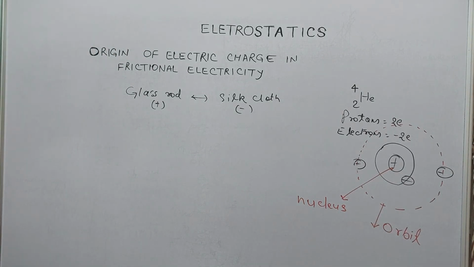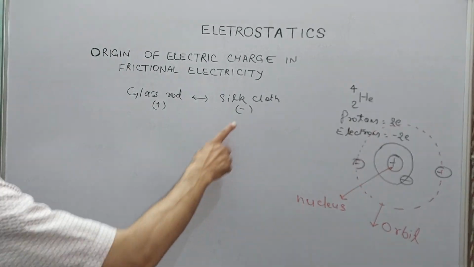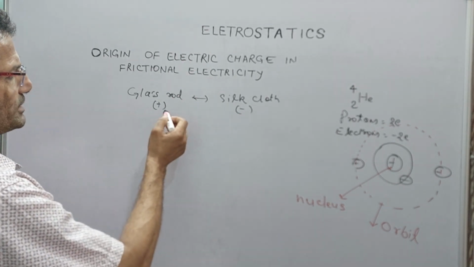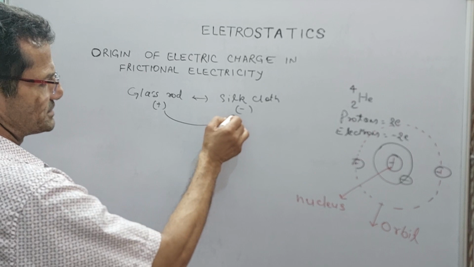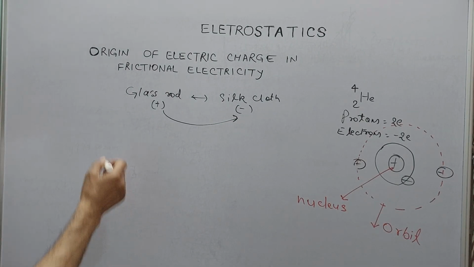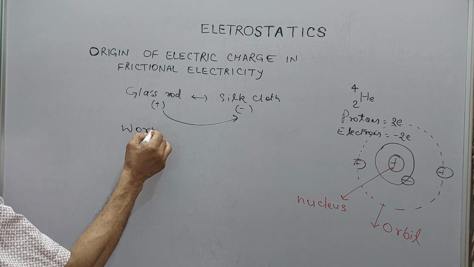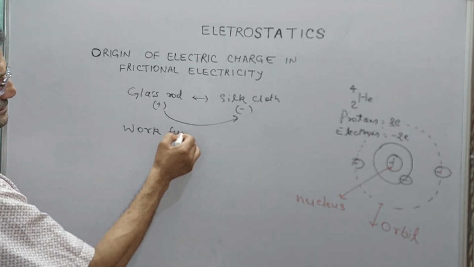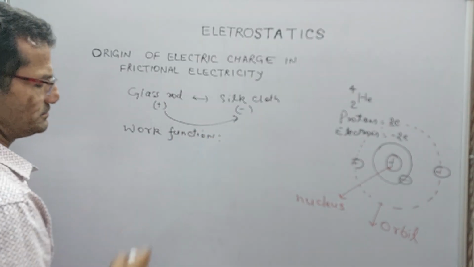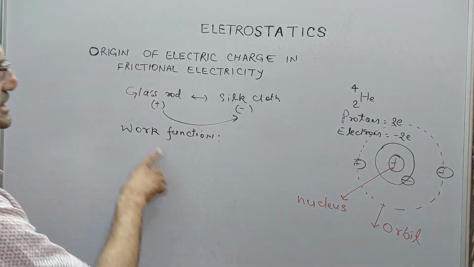Why are electrons not transferred from the silk to the glass? Why does only the glass rod get the positive charge, and not the silk cloth? The simple answer is a term called work function.